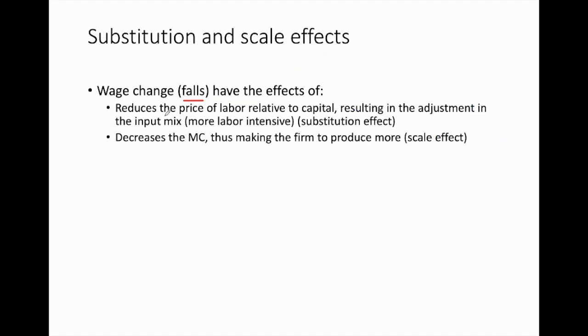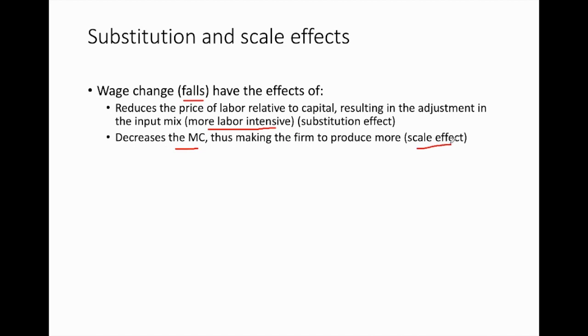A wage reduction would reduce the price of labor relative to capital, resulting in the adjustment in the input mix, where the firm may hire more labor relative to capital. The firm may be more labor intensive, and this represents the substitution effect. The second effect of a wage reduction is it would decrease the marginal cost to the firm, thus making the firm produce more output.